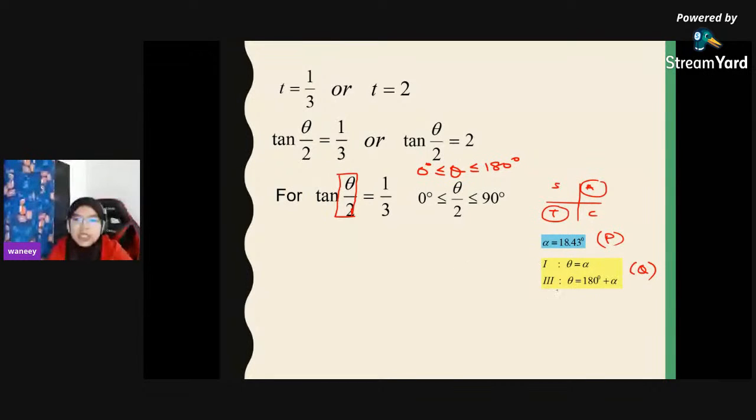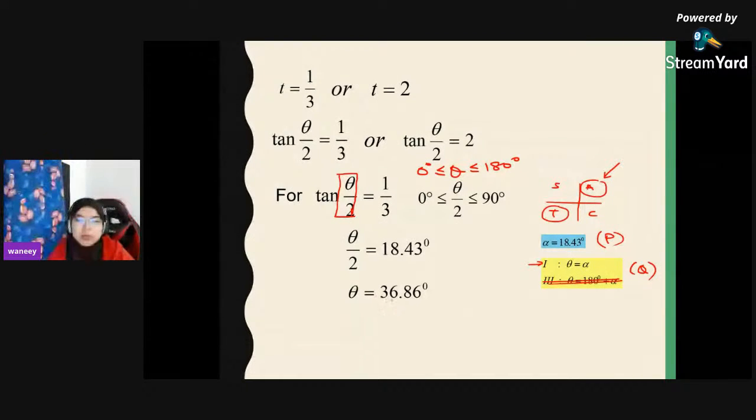However, for this one, I only accept the answer in the first quadrant. Why is that? That is because theta over 2 should be between 0 and 90 degrees. So I'm looking at the first quadrant, and I don't accept the answer in the third quadrant. Okay, so theta over 2 is 18.43, so that means theta will be equal to 36.86. So this is for the first one.